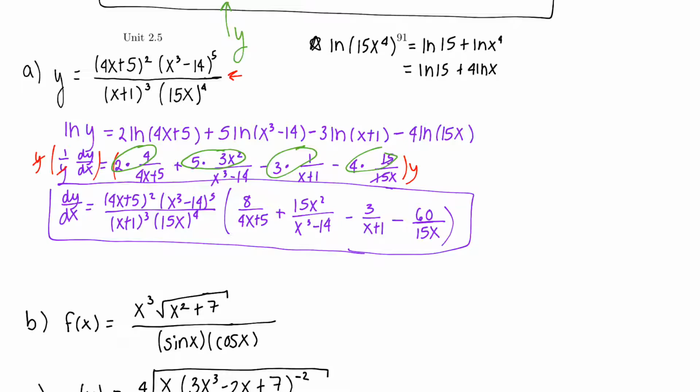Oh, excellent. If you recognized that this was wrong right here, the way your answer would be different down at this part is, because the derivative of ln 15 would be 0, since the derivative of a number is 0, you would have 4 over x instead of... so actually it would come out to be the same.